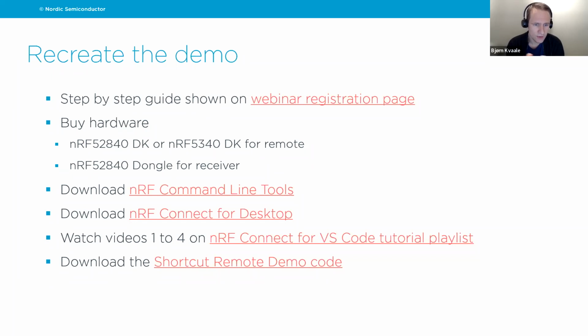Then you basically just download nRF Command Line Tools, nRF Connect for Desktop, open up the Toolchain Manager application, and then if you watch videos 1 to 4 from that YouTube playlist, you set up both nRF Connect SDK and nRF Connect for VS Code. And then you can just clone the shortcut remote demo code and you're basically up and running.